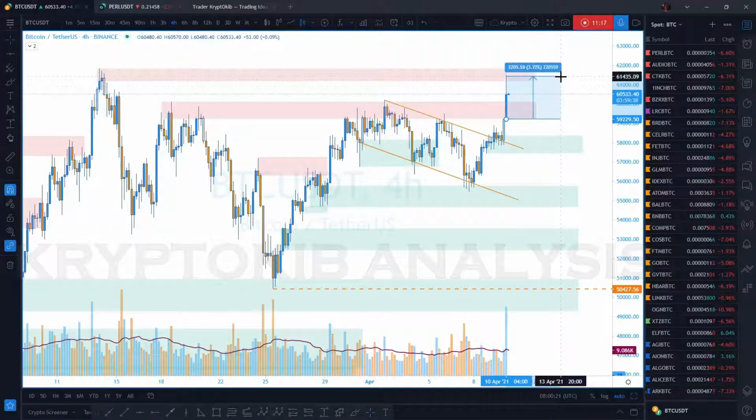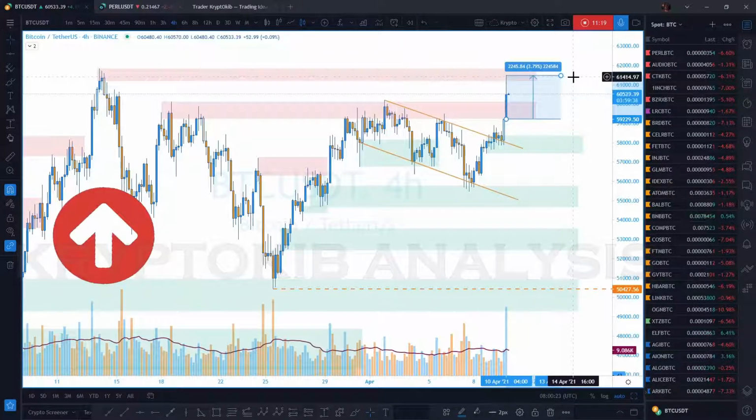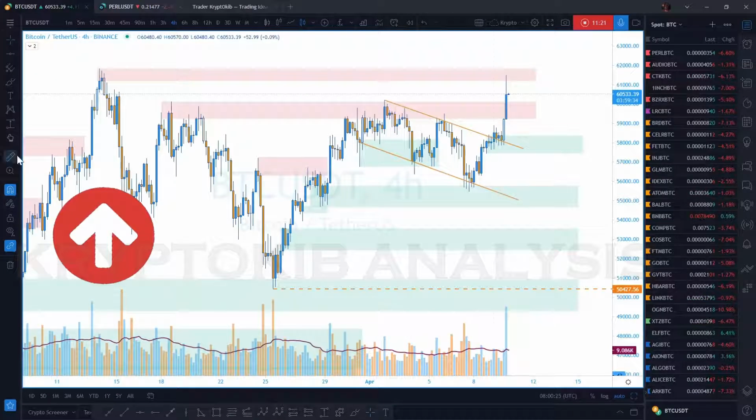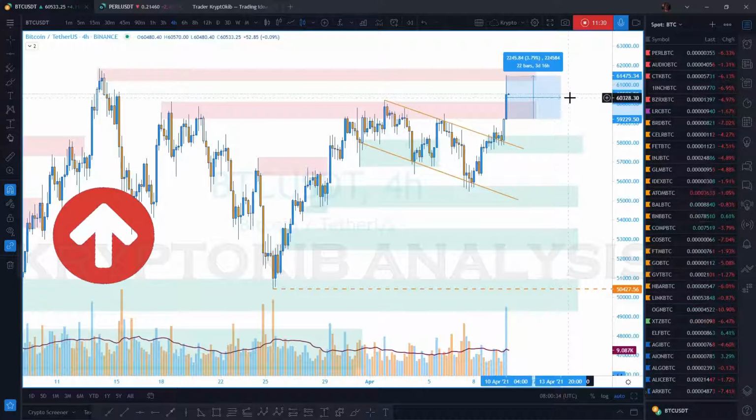I can't get the mid-range from this. I wanted to see the mid-range and see how it closed. I could have just used Fibonacci on this. Okay, we closed above the 50% range of the entire candle. So that is still good. Not a good close, but it's still okay.